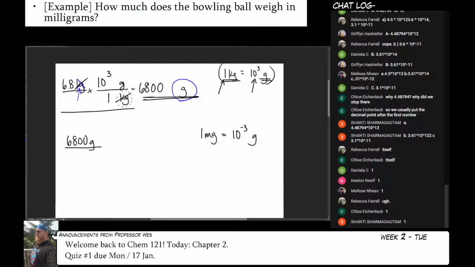All right, now with this information in mind, what I have on the screen here, I want you to try to tell me the number of milligrams that the bowling ball weighs. Okay? So use this information and do a process similar to what I just did above to solve the problem. I'm going to let you tussle with it for about 3 minutes, and then we'll go over the answer together. Okay? I'll see you in a bit.